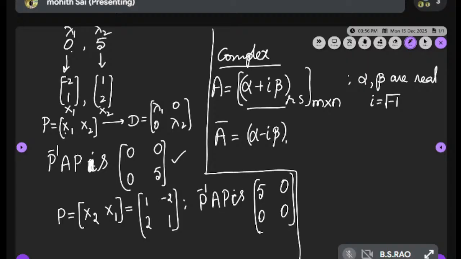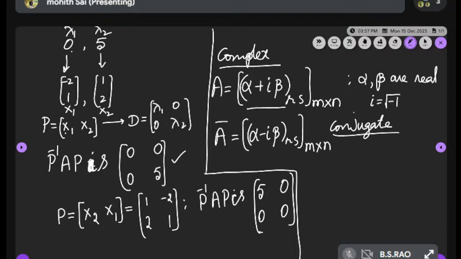So RS apart, m by n. Please write: conjugate matrix.